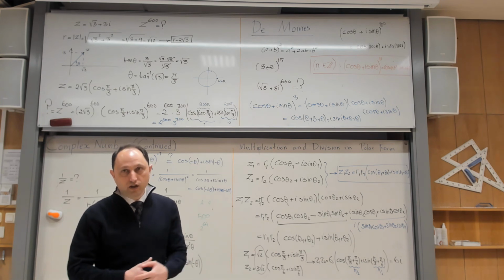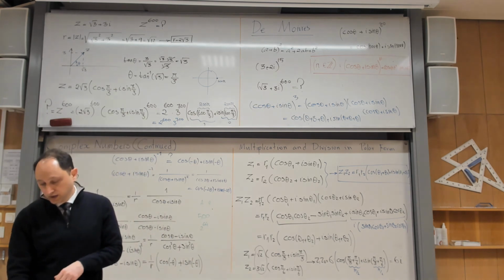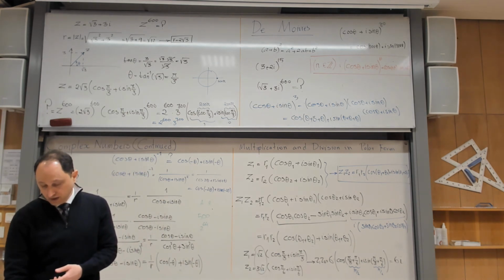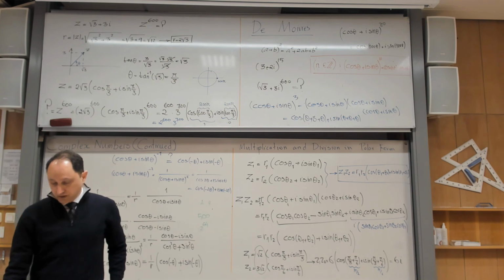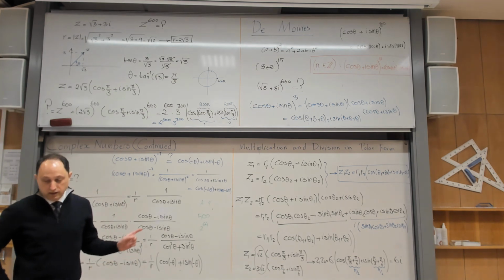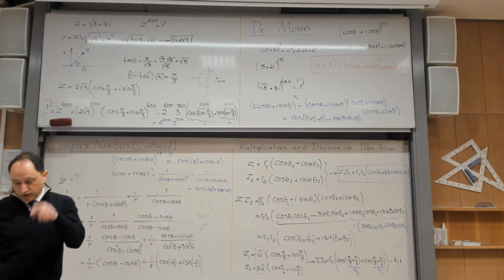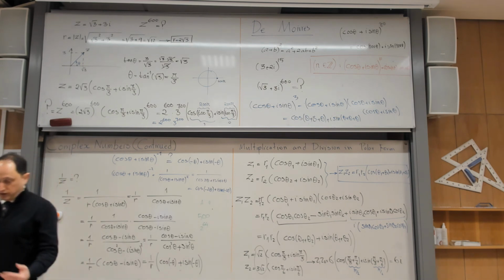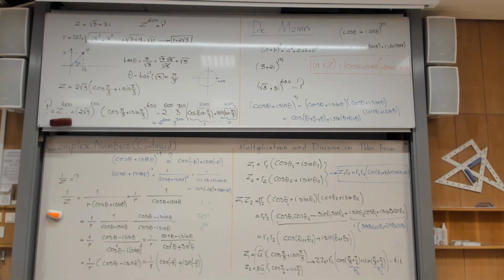So I have already covered that, so don't think that I am jumping. Everything is completely covered until the end of De Moivre's formula. And I will update the Google Classroom. So this formula is extremely important. I really want you to solve the problems in the book. They are very good problems. Any questions? Thank you.